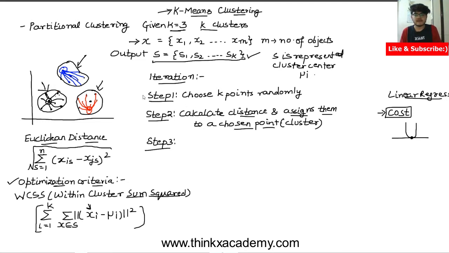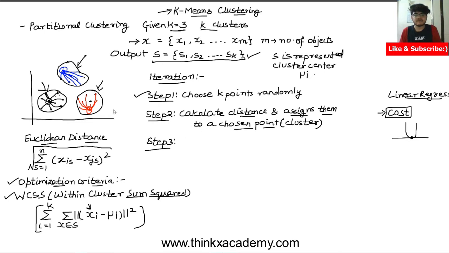So step 1 is to choose the k points randomly, then we calculate the distance and assign the points to a chosen point, and after that we calculate the optimization criteria, or within cluster sum squared distance, and plot it on the graph.